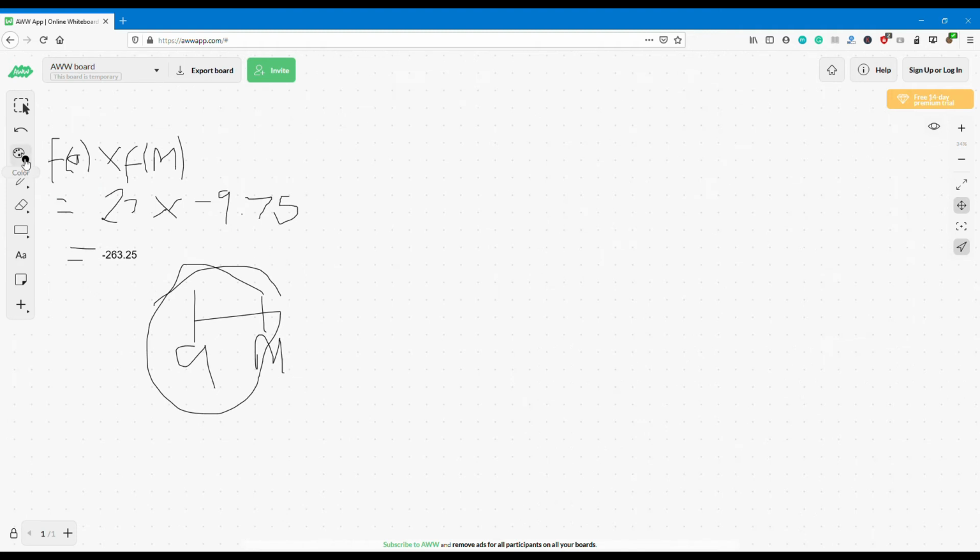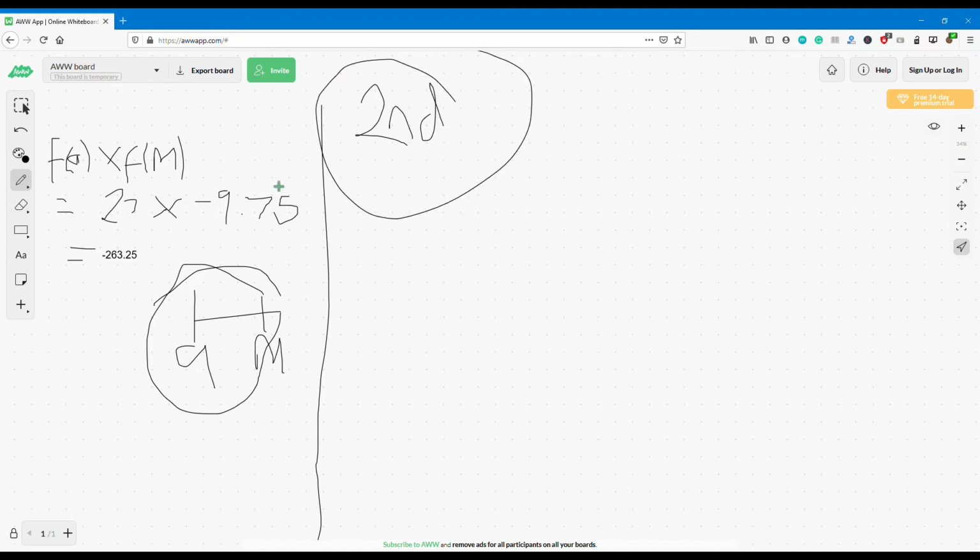So the next thing we're going to do is the second iteration. In this second iteration, I told you that our values are going to change. Our a is going to be the lower point, which was minus 3. A is equal to minus 3 here. And our b is going to be equal to what?